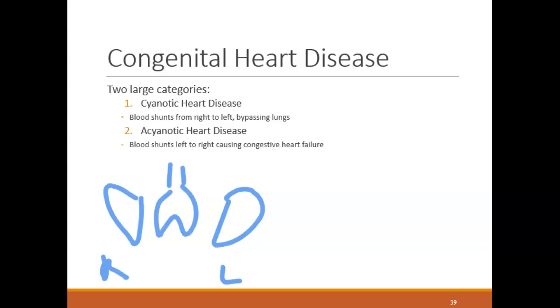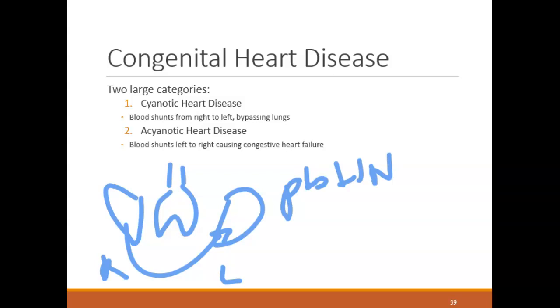In cyanotic heart disorders, the blood just goes like this, right? PPHN is similar, where blood is shunted from the right side of the heart to the left side. Cyanotic heart diseases bypass the lungs completely. The blood never gets oxygenated, and your babies are going to be blue and have a lot of hypoxemia.